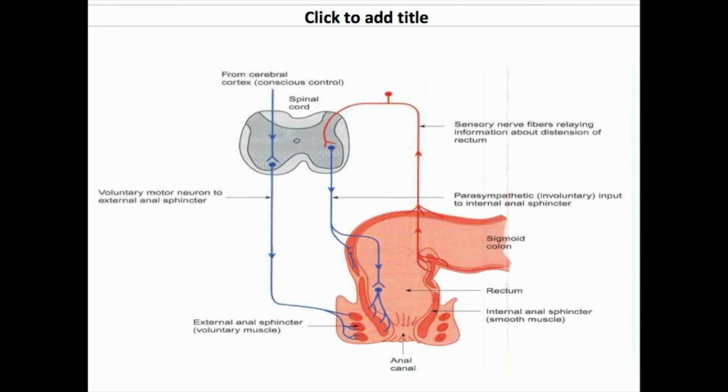And in this figure, you can see the pathways of the parasympathetic mechanism for enhancing the defecation reflex.